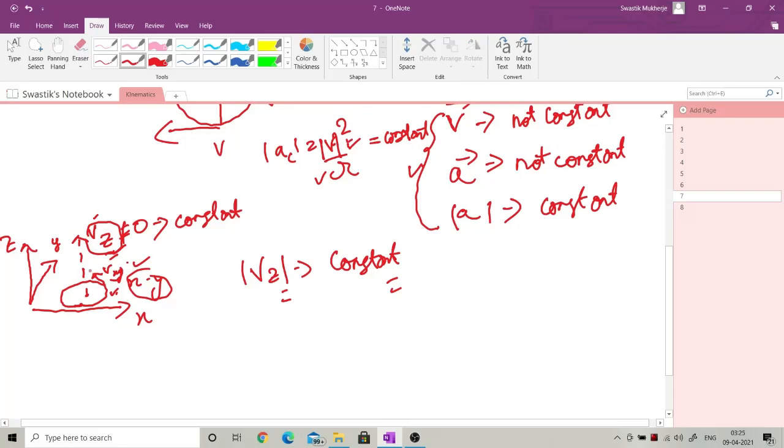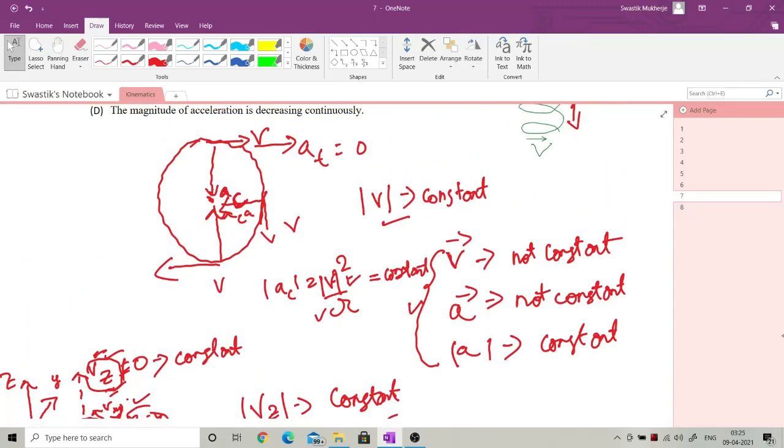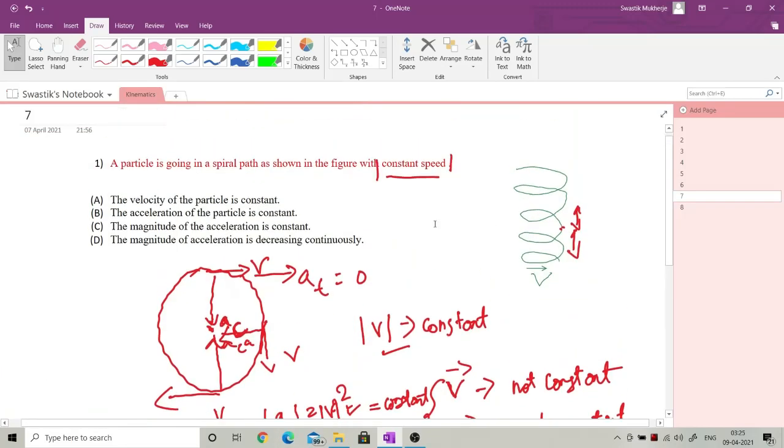So basically we have just extrapolated this uniform circular motion in the z direction. There is no other difference in the characteristics of uniform circular motion from this spiral motion. So all these are still true for the spiral motion.